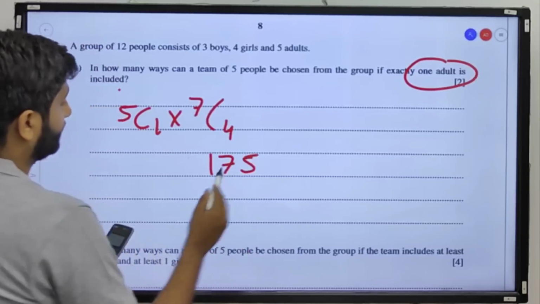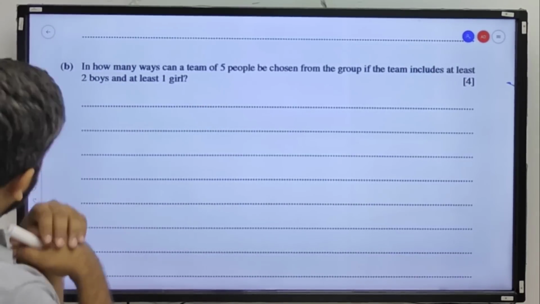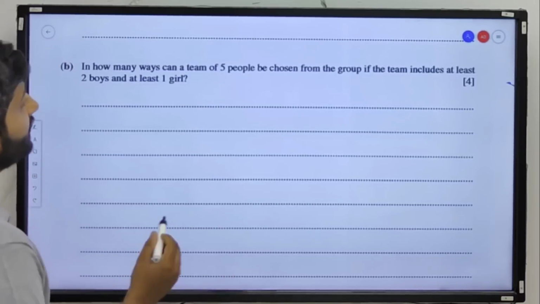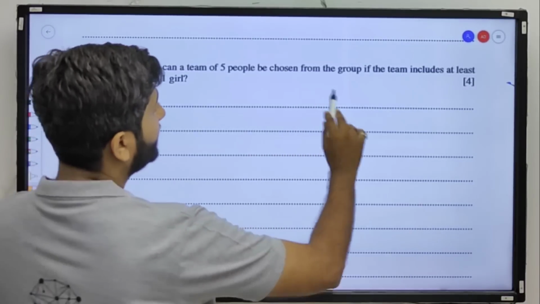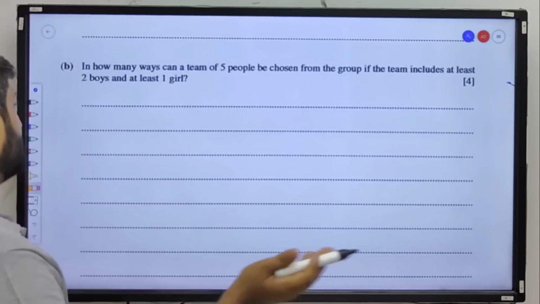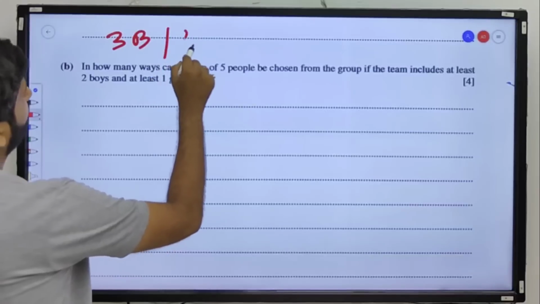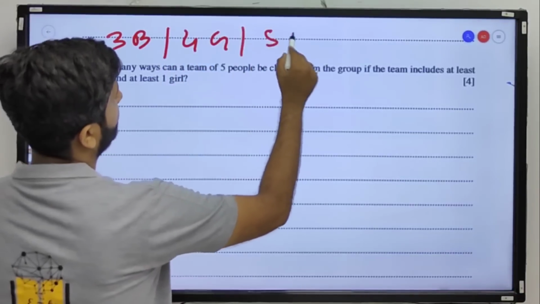Okay. Next question. Part B. In how many ways can a team of 5 people be chosen from the group if the team includes at least 2 boys and at least 1 girl? Let me write the options. We have 3 boys, 4 girls and 5 adults.